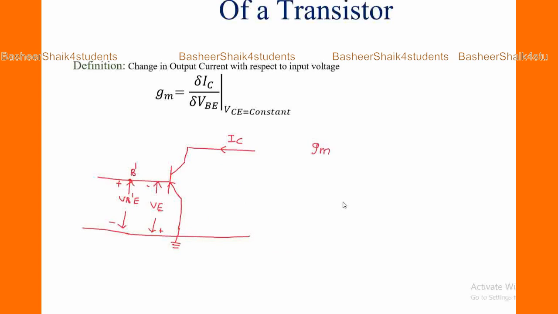We know Gm is the change in the IC with respect to change in the VB'E. The applied voltage is the VB'E with respect to the VCE.